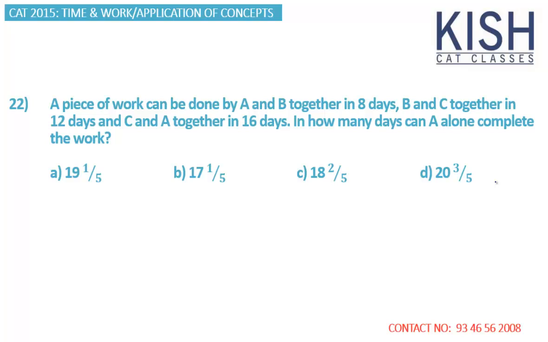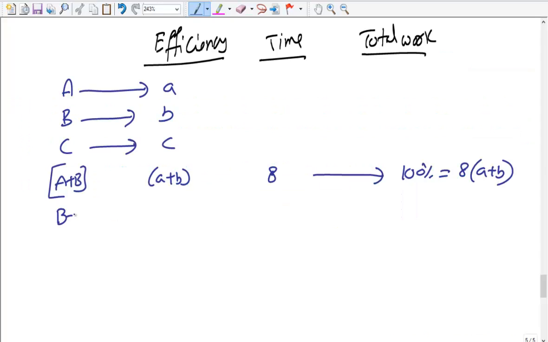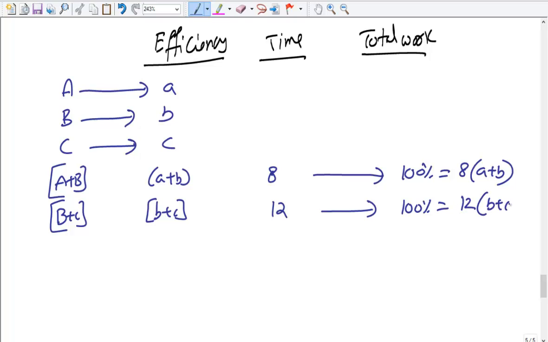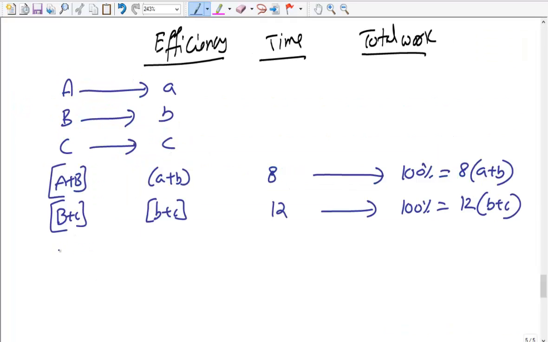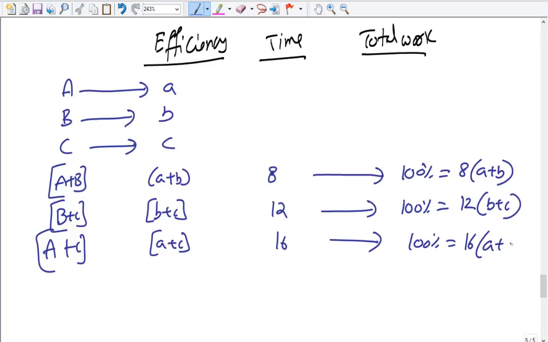Now B and C together take 12 days, so 100% is 12 times (b plus c). Next one is A plus C, with capacities small a plus small c, which takes 16 days to finish 100% of the work. That is 16 times (a plus c).